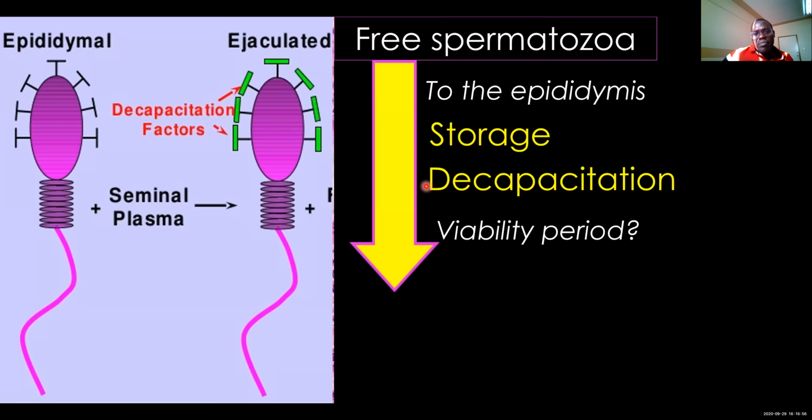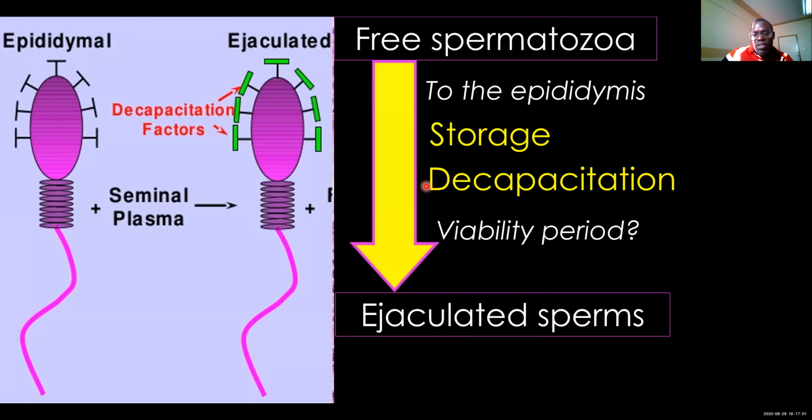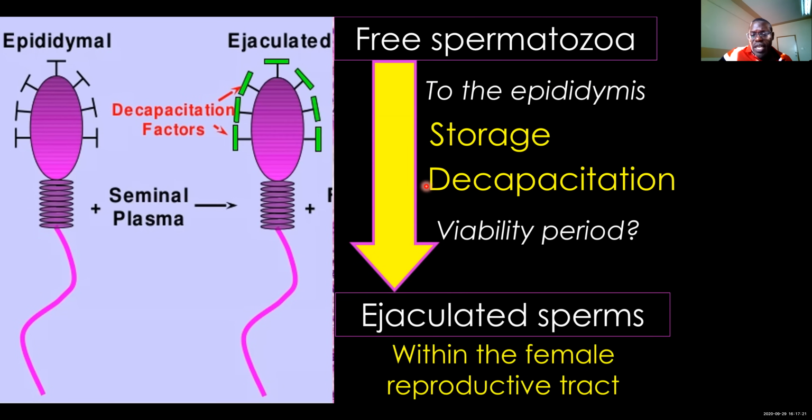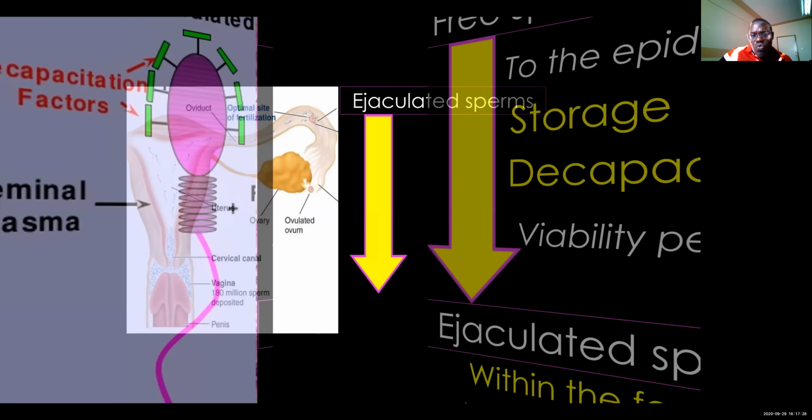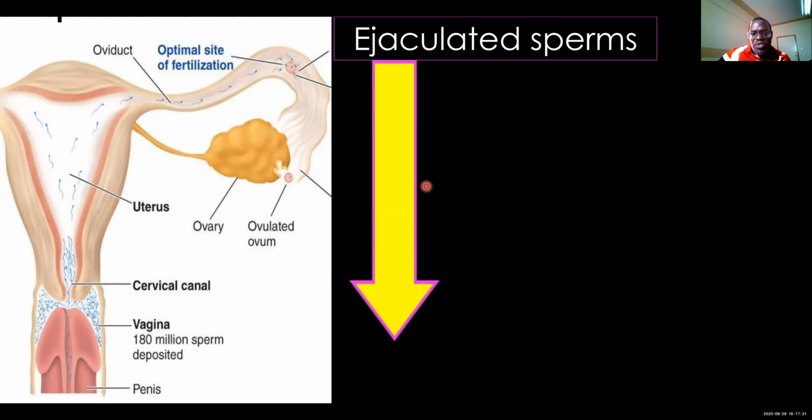So one day, hopefully, these sperms can then be ejaculated, and hopefully they find themselves in the female reproductive tract, not in the esophagus or in the rectum. If they find themselves in the female reproductive tract, then the last step of spermatogenesis will take place. What is that last step of spermatogenesis?